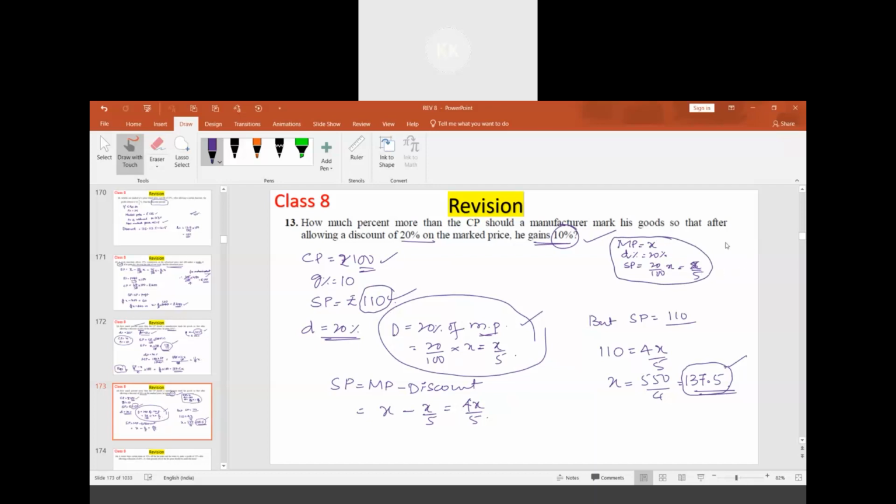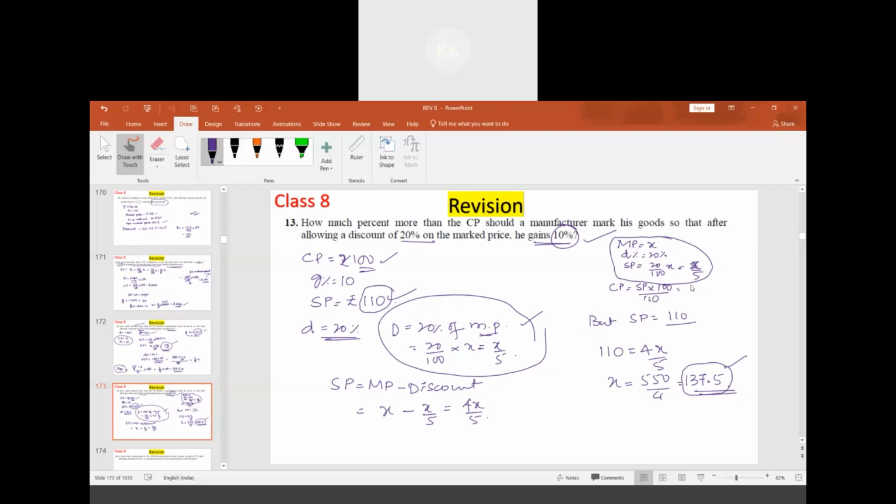One more equation: CP is equal to SP into 100 upon 100 plus profit percent, which gives 110.